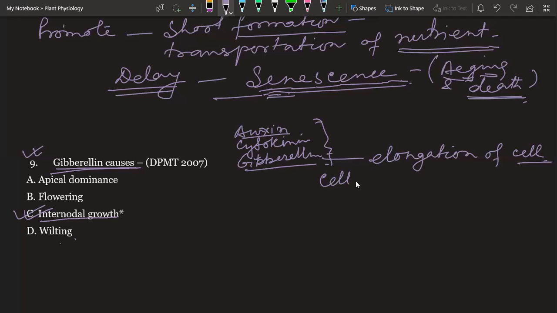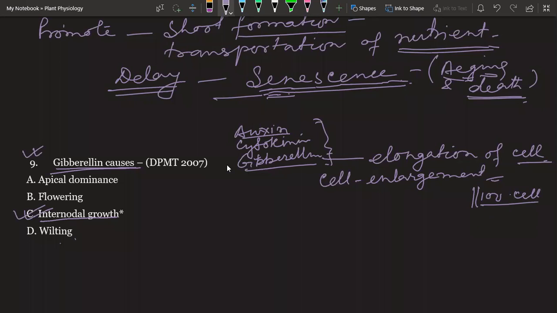If in a particular tissue there are 100 cells, and they enlarge very much, then naturally the volume and size of the tissue will be bigger.